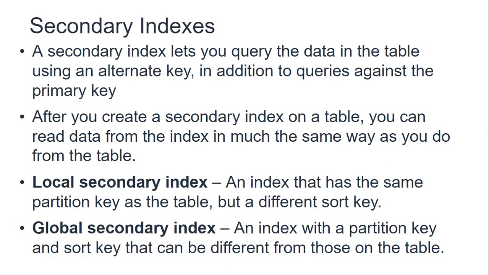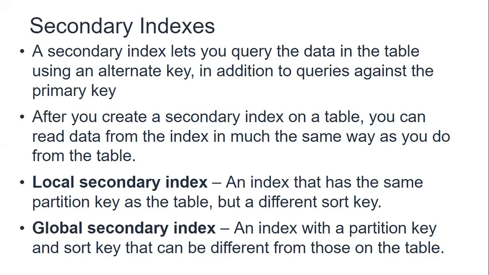However, with a secondary index, now you can specify a different key. With a local secondary index, you'll be able to use the same partition key, but you specify a different sort key. With the global secondary index, now you can specify a different partition key and a different sort key. So that's the difference. I think you can create up to 5 local secondary indexes and up to 20 global secondary indexes.